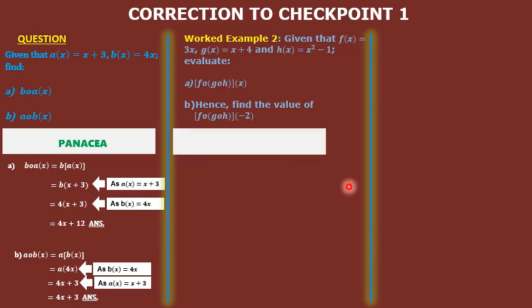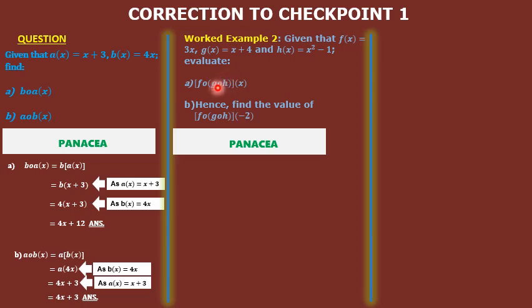So we are going to have, for question A, now don't forget that if you want to evaluate this, let us first interpret this. We start with the innermost bracket, that's g of h. Whatever the output of h is, that will serve as the input of g.